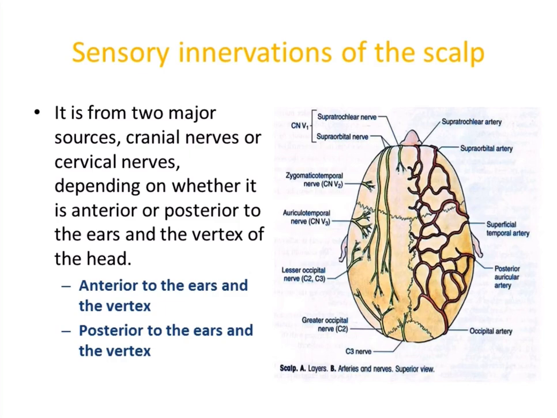It is the imaginary line that extends between the two ears at the top of the skull. This is the vertex of the skull, the upper part of the scalp that extends between the two ears. So the innervation of the scalp depends on whether it is anterior to the vertex or posterior to the vertex and the ear.